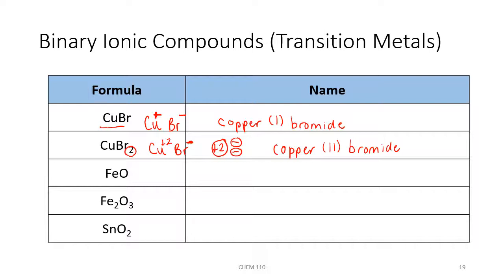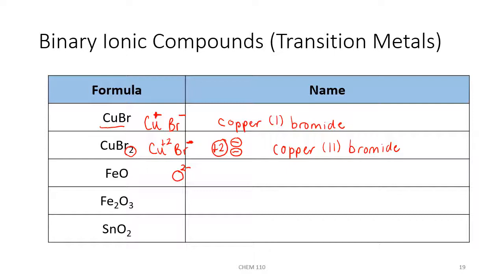Iron is another good example of a transition metal. FeO, we're going to start with the anion, which is oxygen. Oxygen is a group 6A nonmetal, always forms a -2 charge. We can predict that.